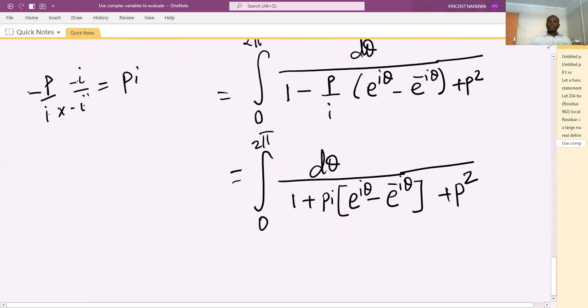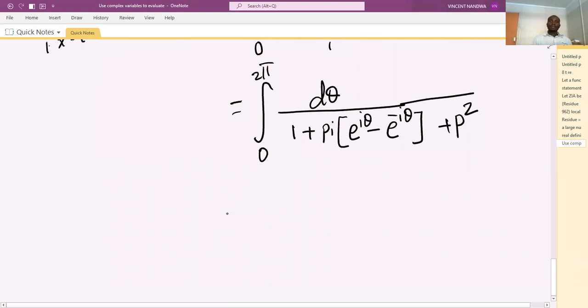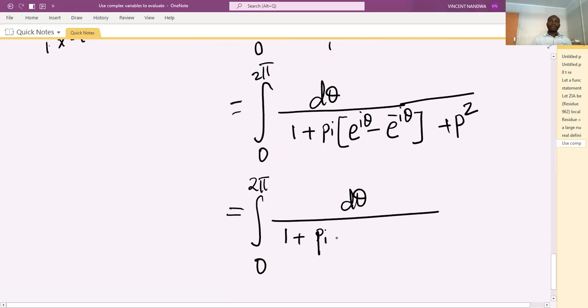So this is the same as the integral from 0 to 2 pi d theta over 1 plus pi e raised power i theta minus pi e raised power negative i theta plus p squared.